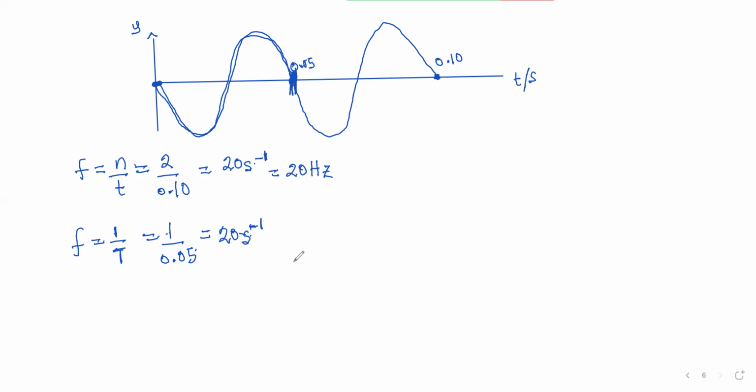So we have 4 waves, A, B, C, and D, traveling in the same medium.